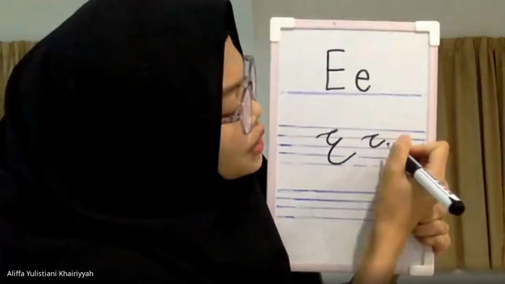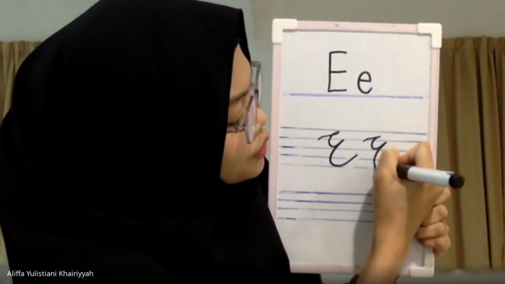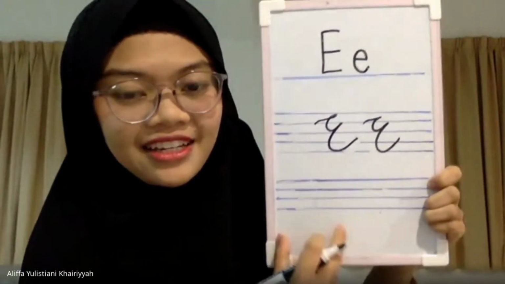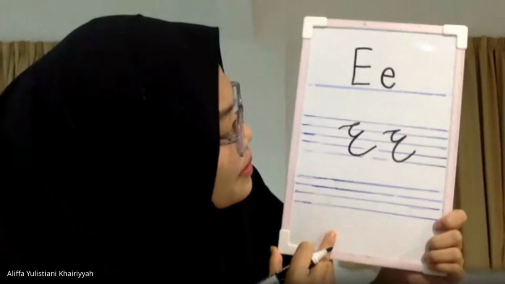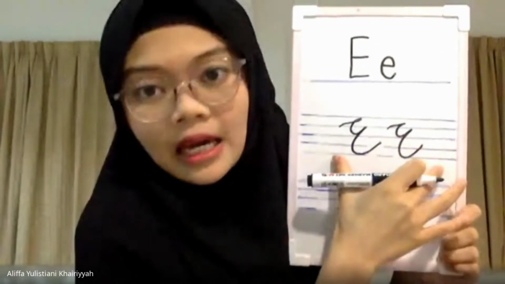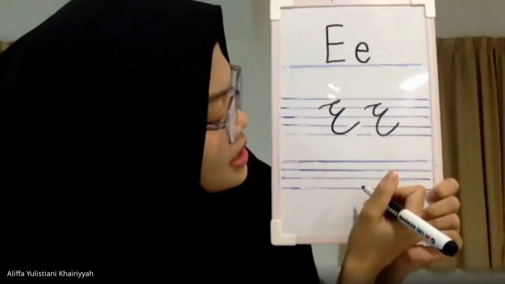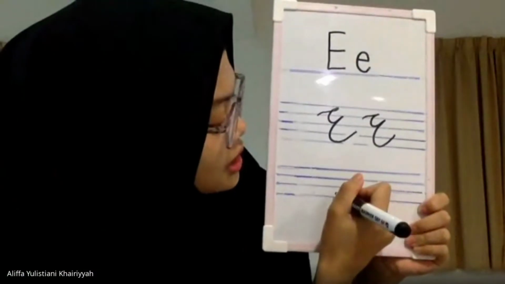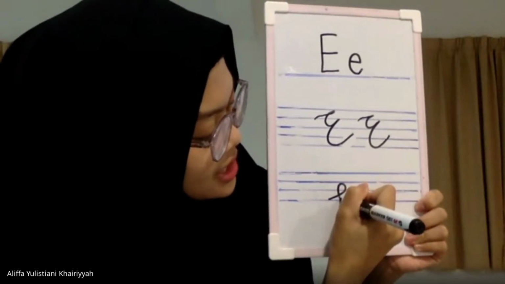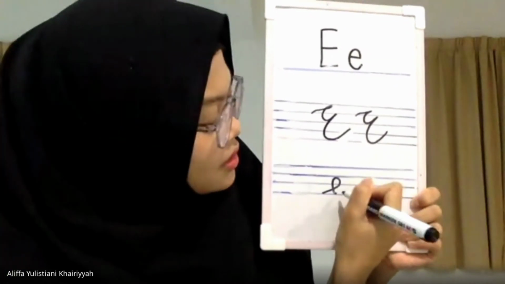Again. 1, 2, 3. That's very good, kids. How about the small cursive letter? It's different from the capital. The small letter of E. 1, 2. Yes, it's oval.